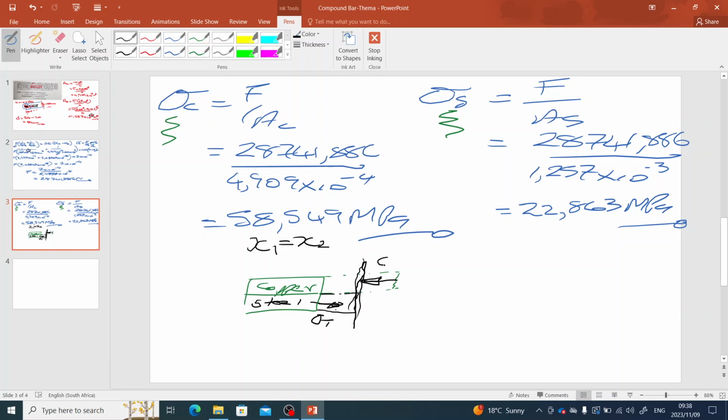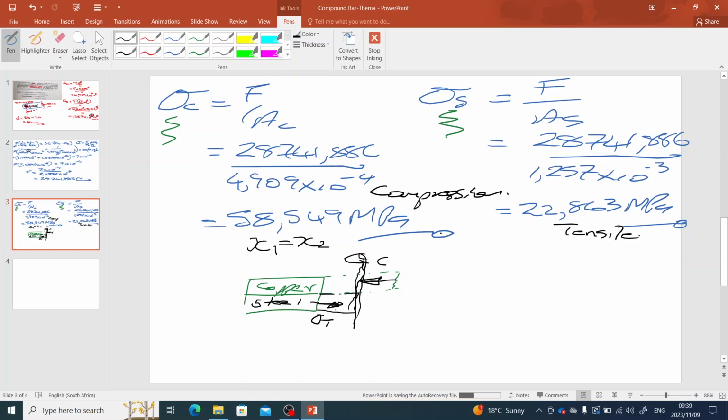You can tell that this is compression. It's the force that converges, or that is heading towards the material. So the copper here, under the change of temperature, will experience compression. The direction of this is tensile stress, and here it is compressive stress.